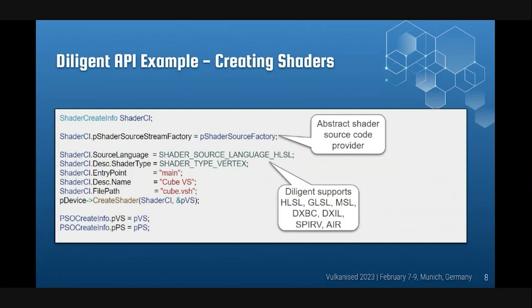It can also take compiled bytecode directly. HLSL is the universal language. It's just vanilla HLSL without any extensions, without any special pragmas or whatever, and it works on all APIs and on all platforms. So we create a shader and we set the shaders to the create info struct, again kind of similar to other APIs.